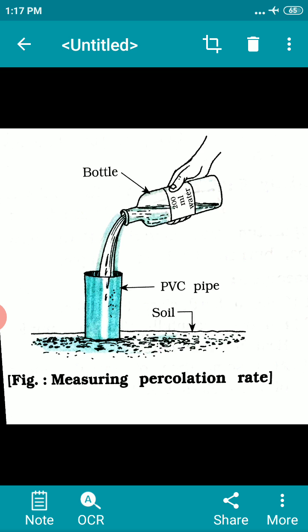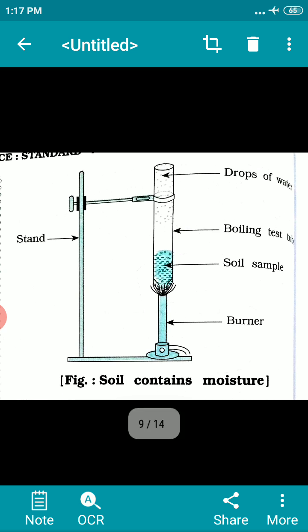After some time, observe the upper part of the hard glass test tube. Water drops are seen on the upper part of the boiling tube. On heating, water in the soil evaporates, moves up and condenses on the cooler inner wall of the upper part of the boiling tube. That means soil has water in the form of moisture.